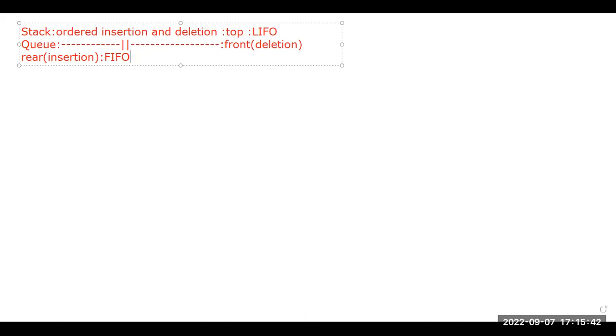Sir, how exactly will a queue work? Now just imagine this is your array. Only one time I'll write it completely. This is your queue, with the reference as queue only, pointing to this one. Here, how many elements do I want to store? Assume n is 4 or 5.